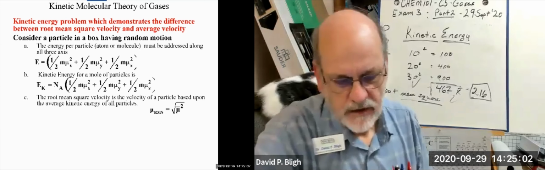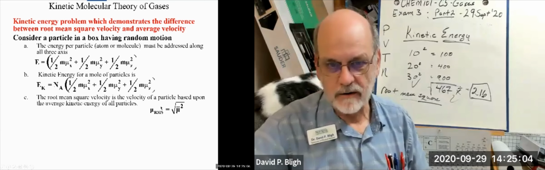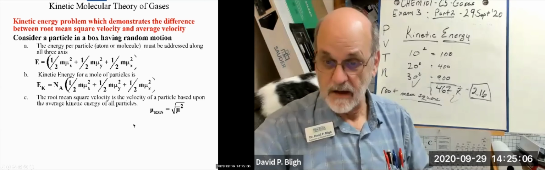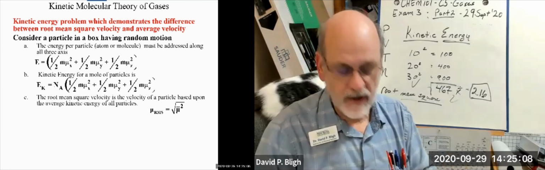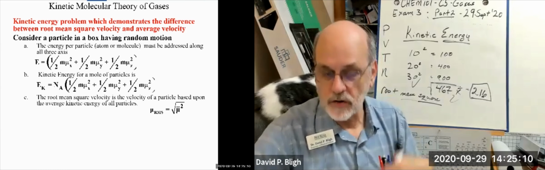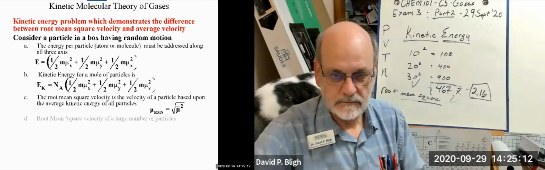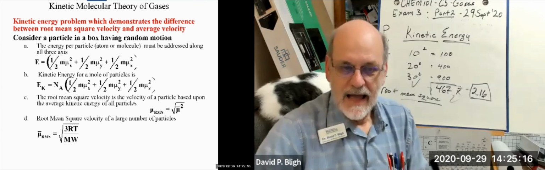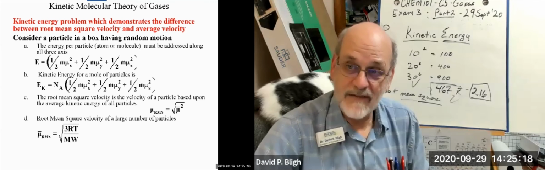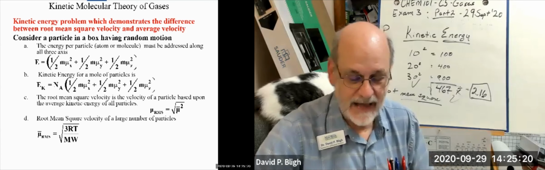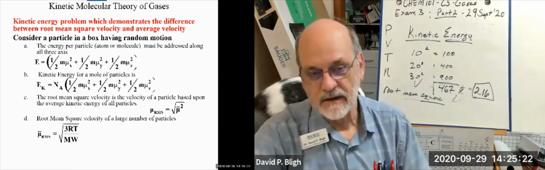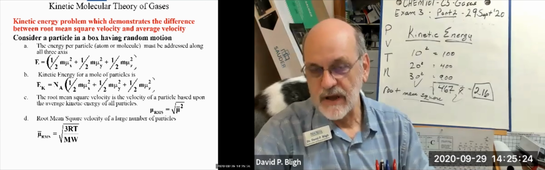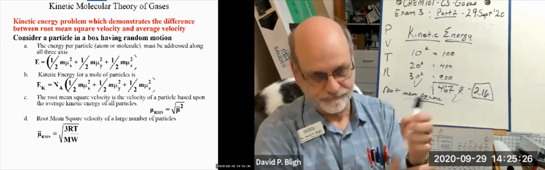Okay, so that's calculating the root mean square of all of the particles in your container, the gas particles. And now we have a relationship, and the derivation of this formula is beyond this course. Let's just put it that way.